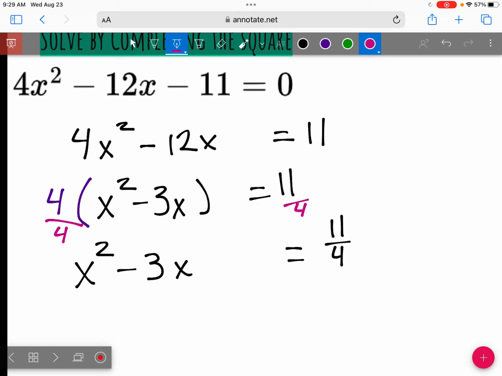Feel better? Because I heard a "wait, what?" What number do we need to add here? Take the middle term, 3 divided by 2, then square it. 9/4. Middle term divided by 2, squared.